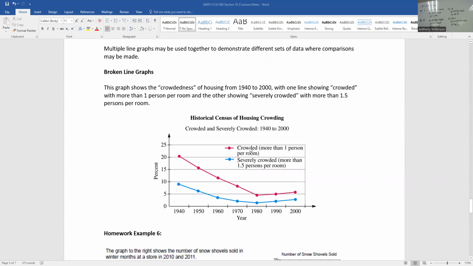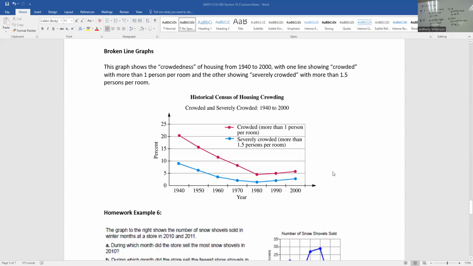The red represents crowded, the blue severely crowded. And this is what the graph looks like between 1940 up to 2000. So you can see what that looks like, and you can answer questions regarding broken line graphs.